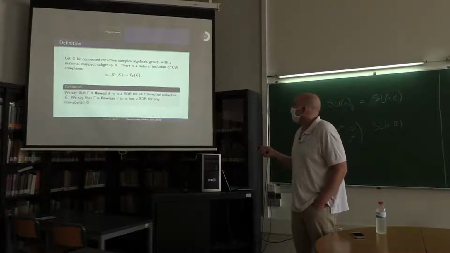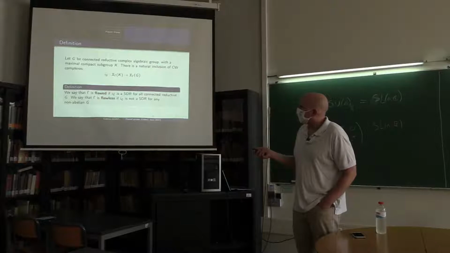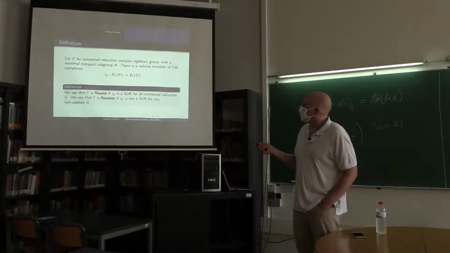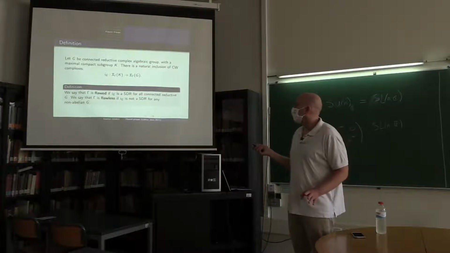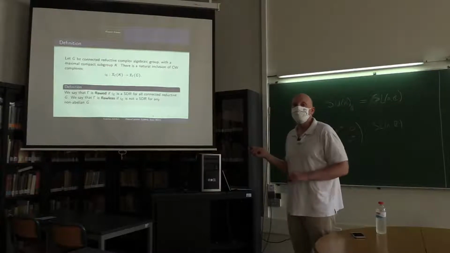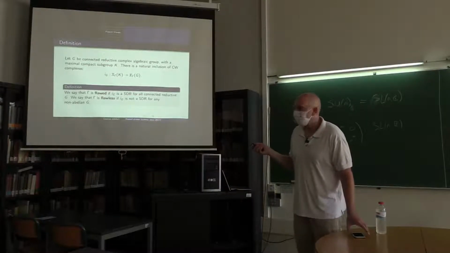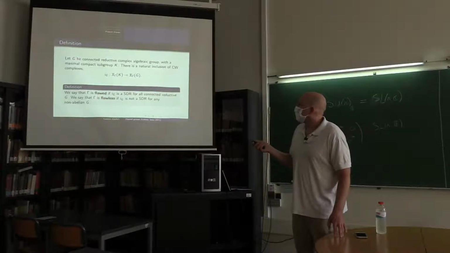Okay, so with this inclusion in mind, we're going to say that gamma is flawed if this map is a strong deformation retraction for all G. We're just going to quantify over the complex reductive G's, even though we could make this definition for other classes of groups within the class of real reductive. We're just going to define it for complex reductive G.